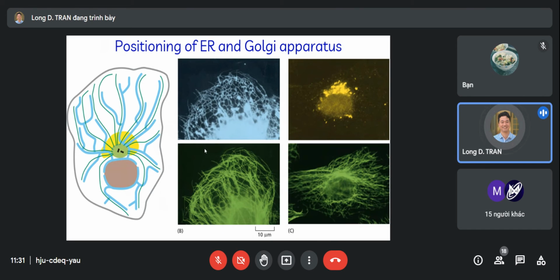So this is how the ER and the Golgi apparatus look like. We have the ER network, which is in the same location as the microtubule, and we have the Golgi apparatus concentrated around the centrosome, where the microtubules are most dense.